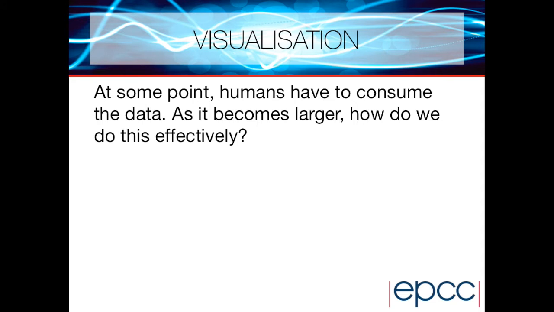Another V is visualization. As I've mentioned already, I'm afraid we won't have time to go into this in detail on this course, but it's one aspect that becomes even harder when we're talking about big data. So at some point, humans have to consume data. This is about the final understanding stage, what you get out of this data. So either you do lots of algorithmic processing on it to reduce the big data into some more manageable data, a number or a line on a graph that you can understand.